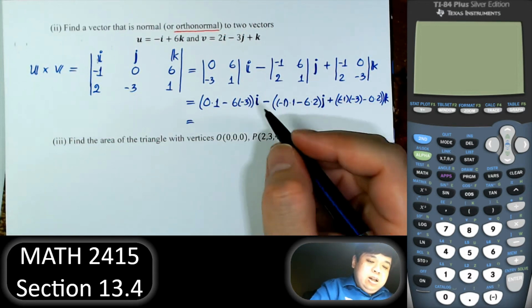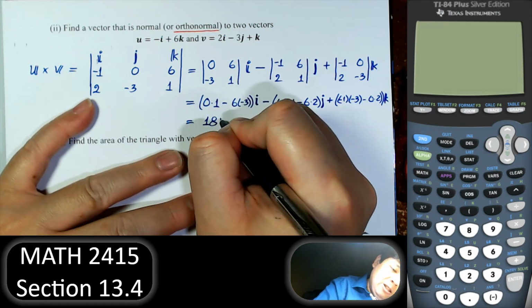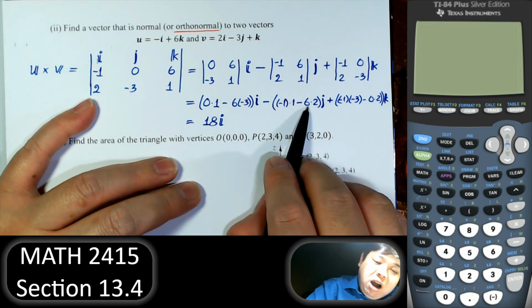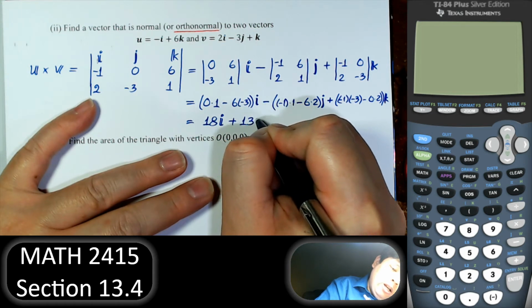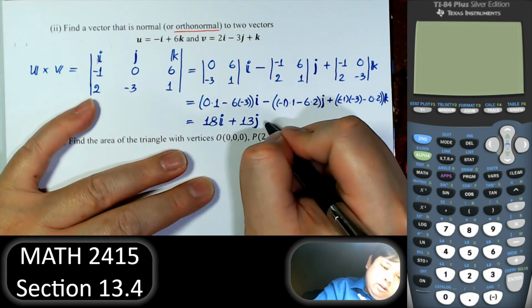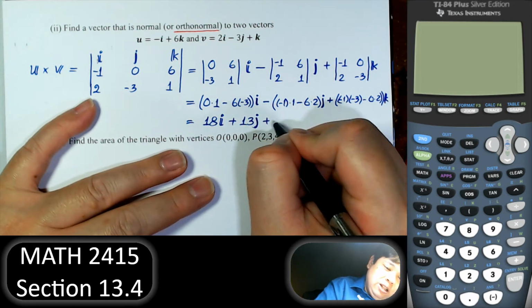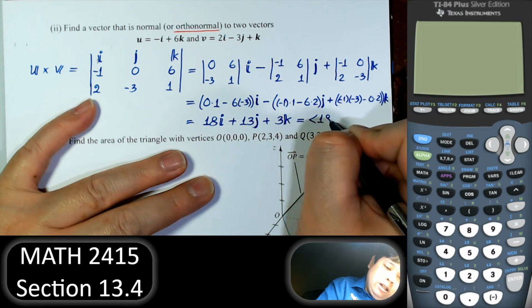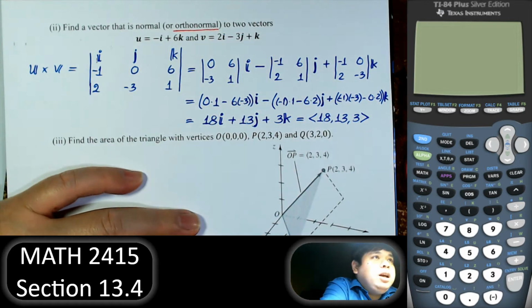So that's 18i, then -1 minus 12 is -13, with the minus, plus 13j, and then 3k. So 18, 13, and 3. Simple enough. That's a cross product.